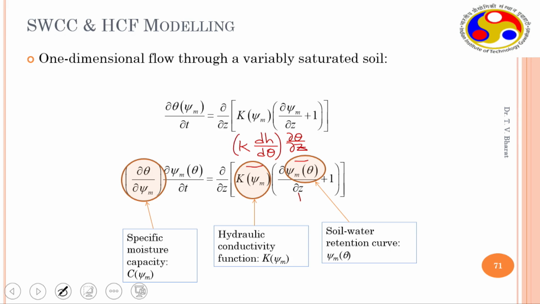This particular term has units of what? This is meter per second, this is meter. That is a diffusivity, meter square per second, which has some significance.